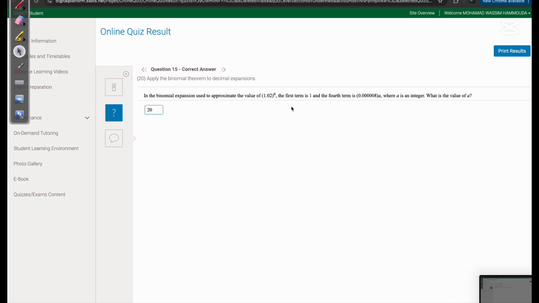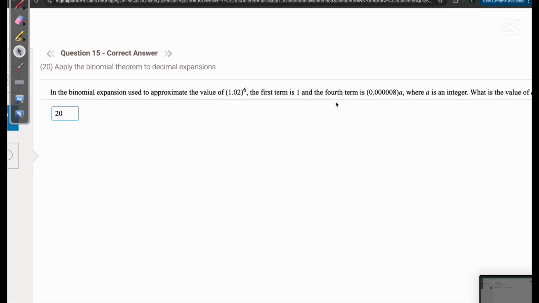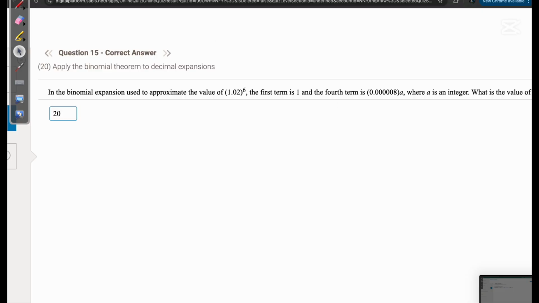The binomial expansion used to approximate the value of 1.02 to the 6th. The first term is 1 and the fourth term is 0.000088. What is the integer?